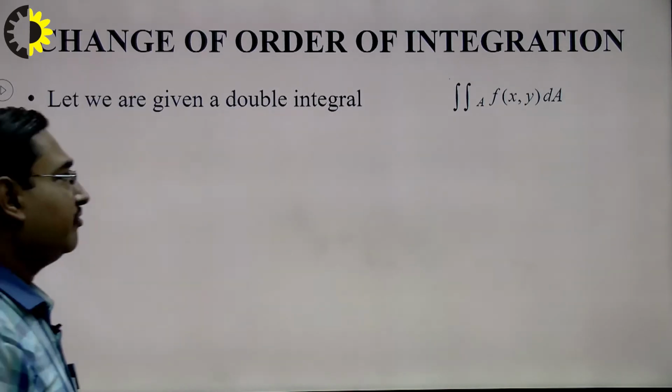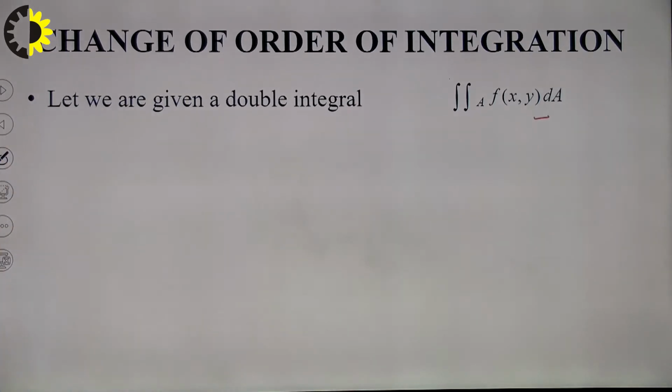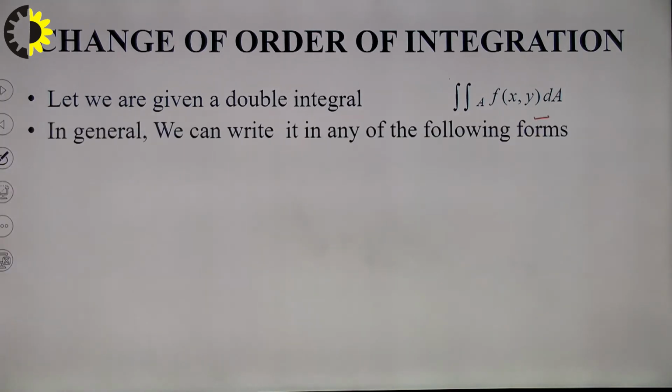Let us first understand what is change of order of integration. Suppose we are having a double integral like this, double integral over R of f(x,y) dA. Now in general this double integral can be written in any of the forms mentioned below.